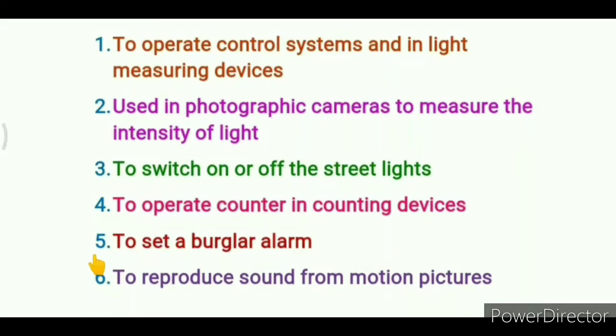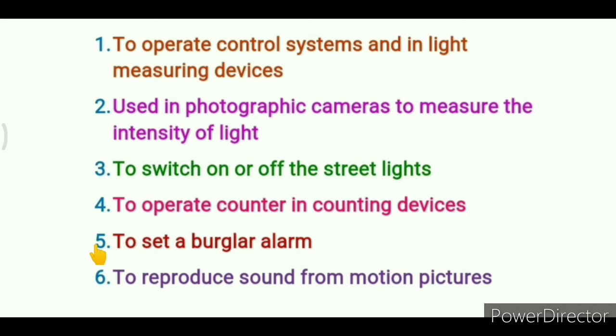Now, one application of the photoelectric cell is in a burglar alarm. Over here, the photocell is used in a burglar alarm, and this device is kept near a safe to be protected from a thief. A burglar alarm is a device which is used for locating an intruder or thief near precious, valuable things like a safe.